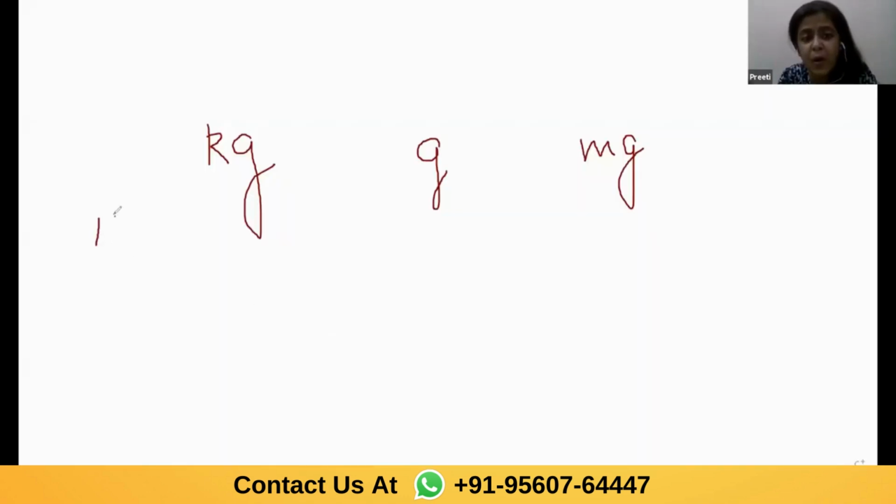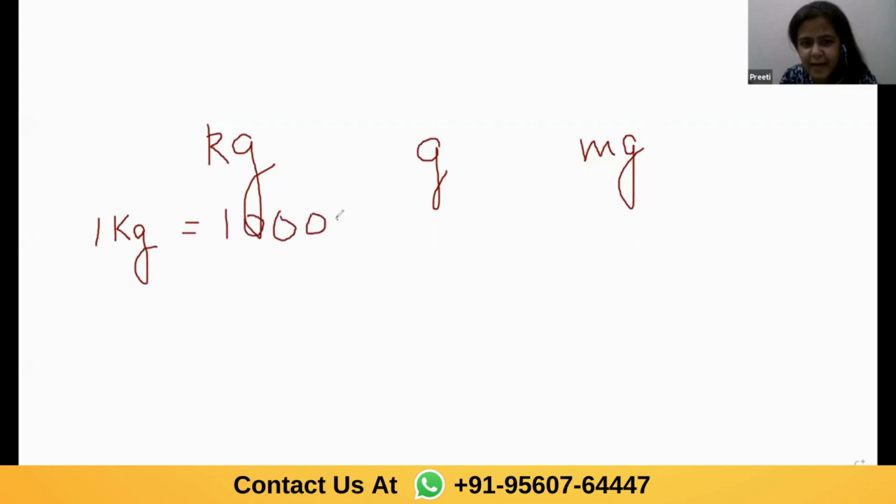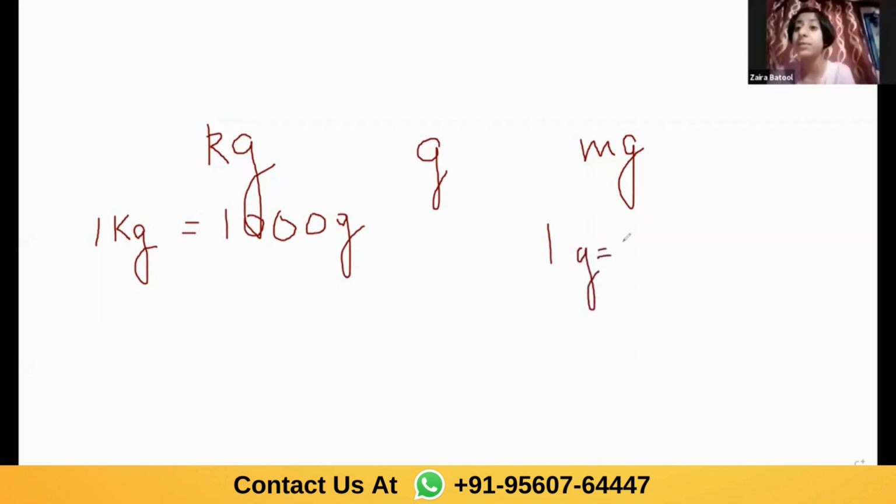Okay, now 1 kg is equal to 1000 grams. Zaira is very good in this. So 1 kg is equal to 1000 grams, whereas 1 gram is equal to how many milligrams? 100 milligrams?